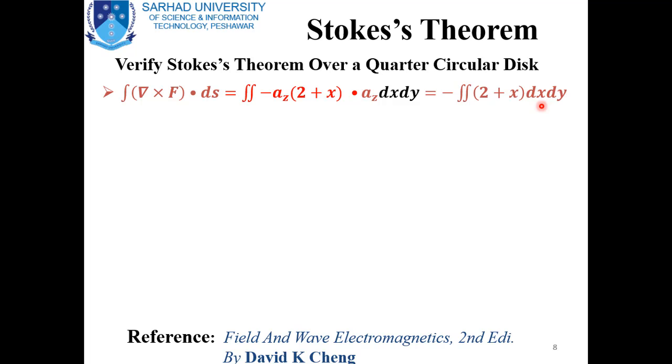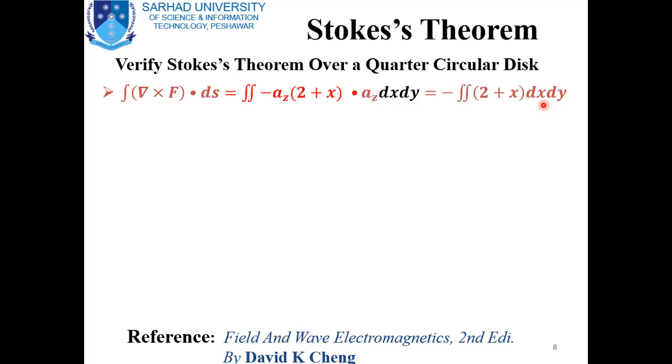Solve the integral with respect to x first, then put in the limits of x, and the equation will have a single parameter, which is y. Then we will use a special integral formula to solve the remaining integral.